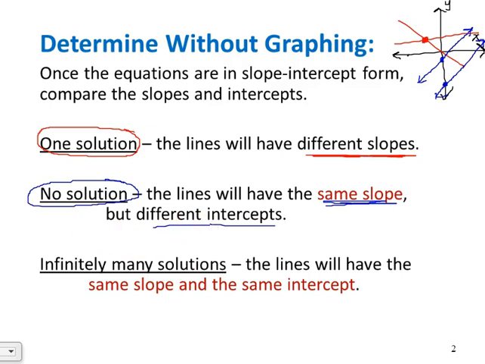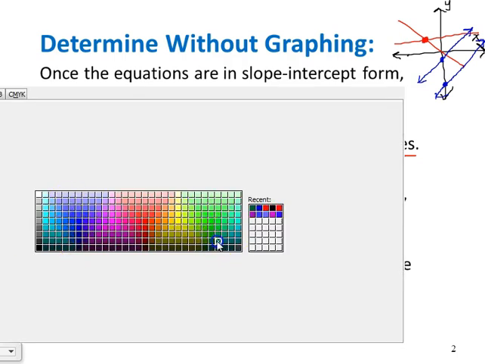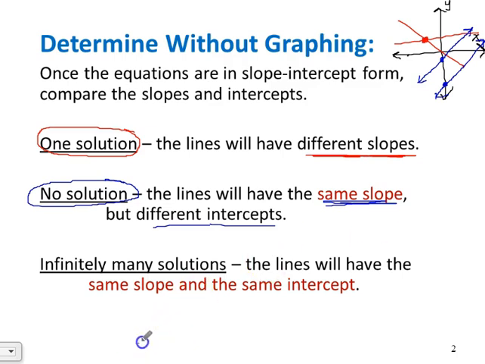And then the last case is that if we were to graph our lines and find that the lines were graphed right on top of one another. So we would have one line and then another line right on top of it. In that case, we would have an infinite number of solutions because the line is the same line.